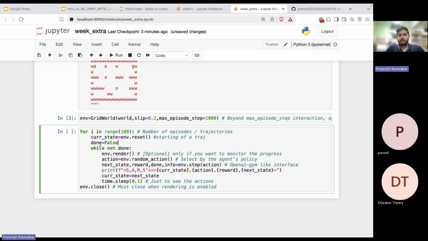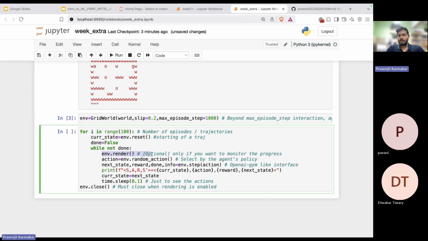Now done equal to false means you are initializing that, okay, I am not done with the game yet. While not done: done is actually returned by the environment itself, telling whether the game has ended or not. Render means you give a visualization of how your agent is working. Whenever you are implementing an algorithm, this is the computationally expensive part, so it's optional.